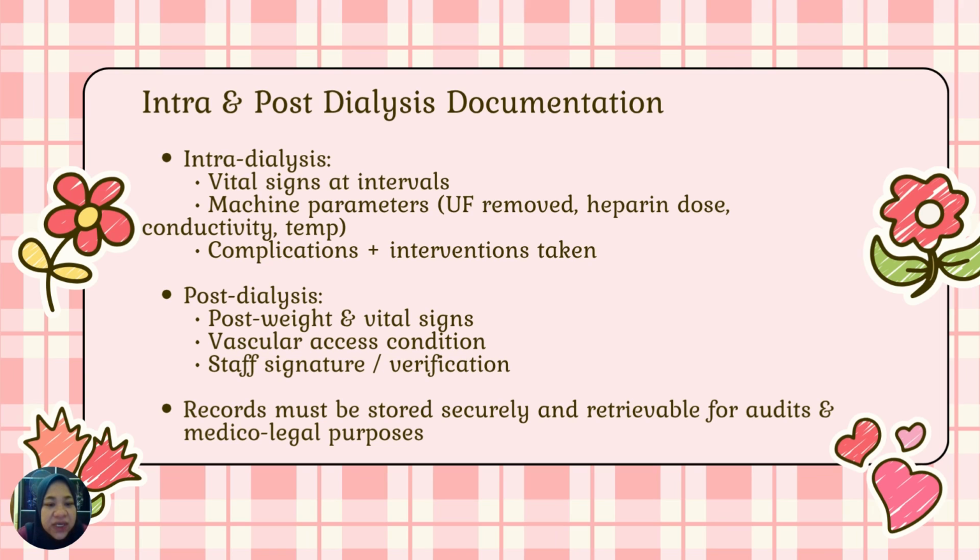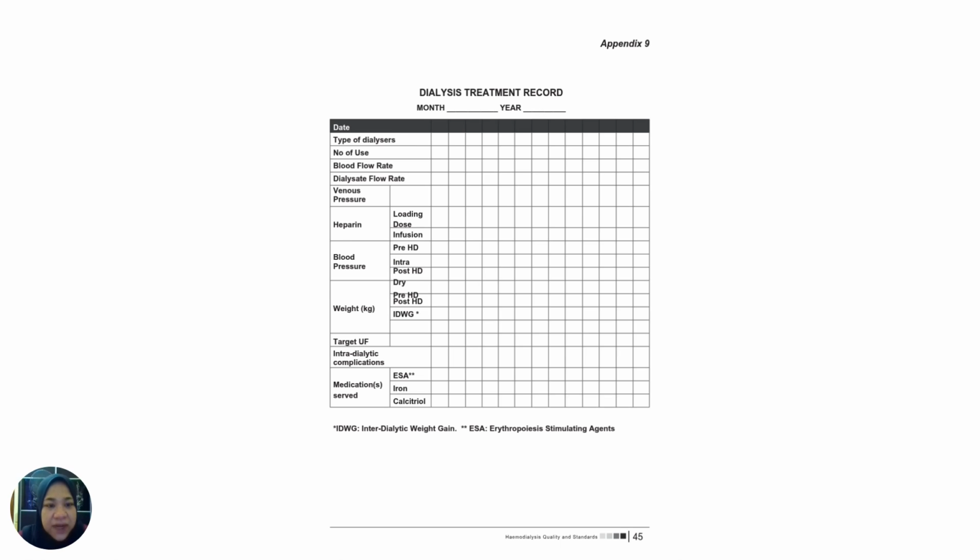The complications and interventions taken should also be documented. For the post dialysis, we must document the post weight and vital signs, vascular access condition, staff signature and verification. The record must be stored securely and retrievable for audits and medico-legal purposes.